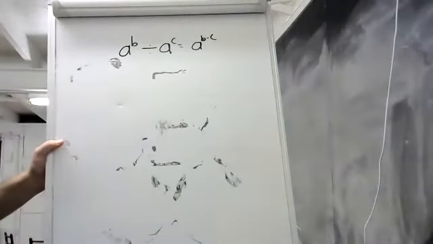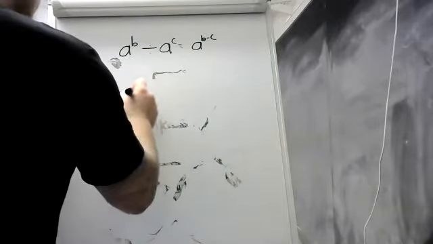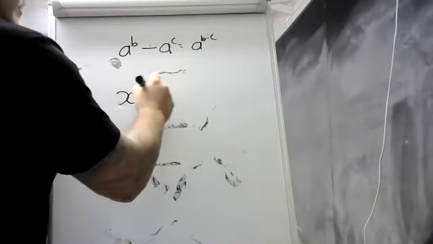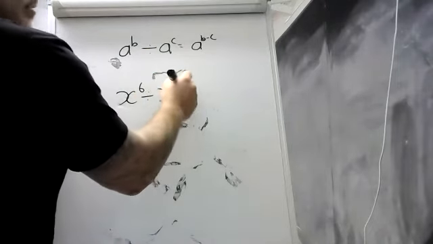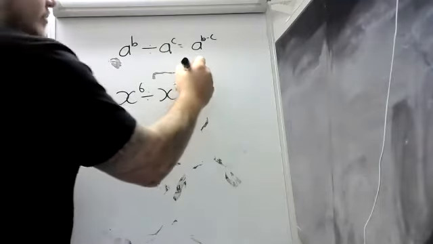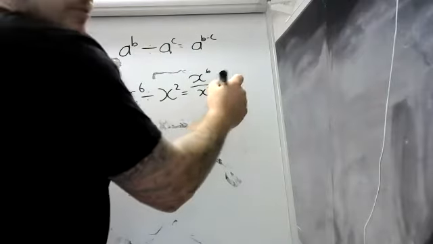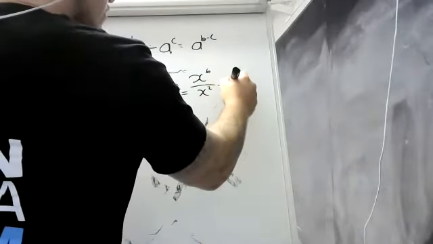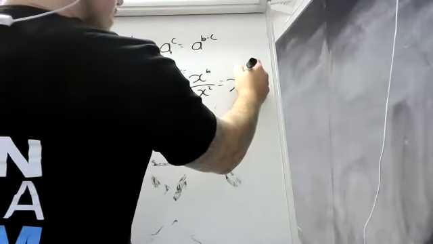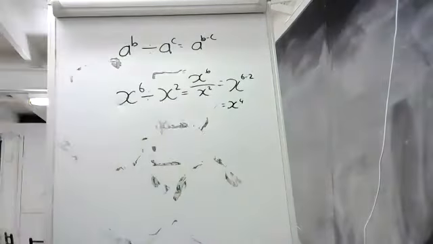So to give an example, if we had x to the power of 6 divided by x squared, that would give us x to the power of 6 divided by x to the power of 2, which equals x to the power of 4. We then have 6 minus 2, x to the power of 4. Perfect.